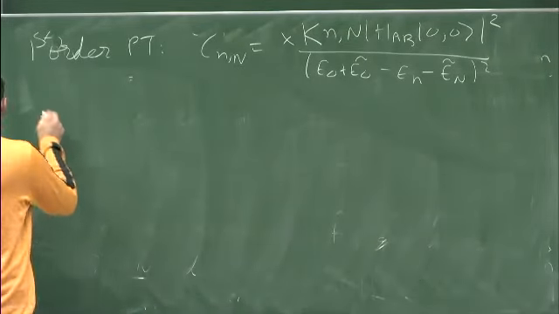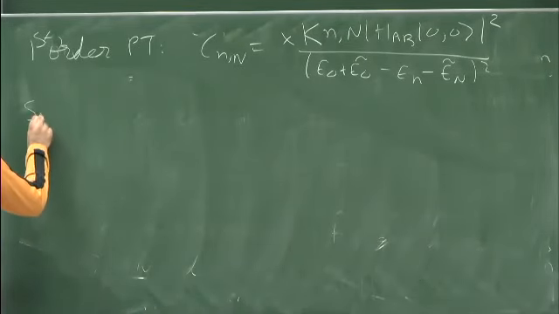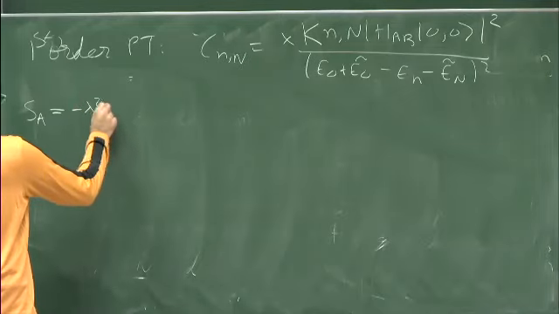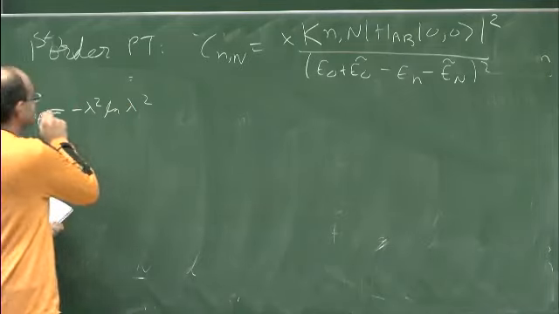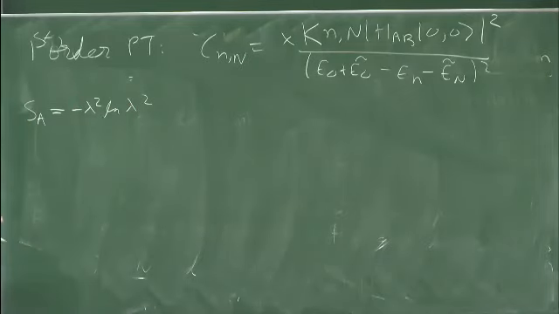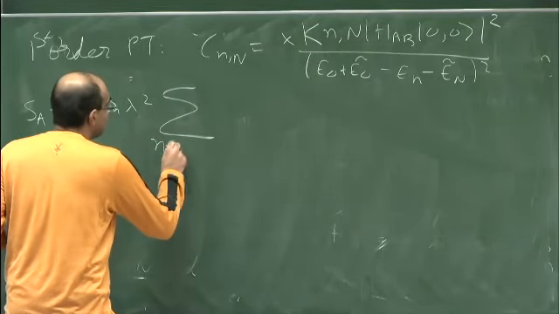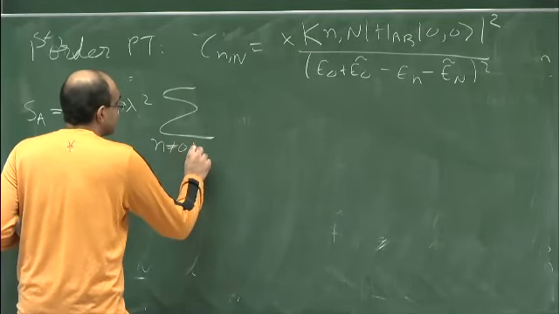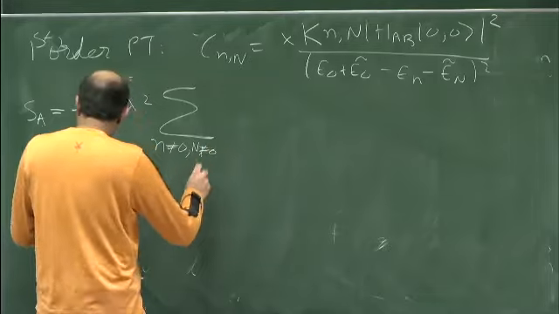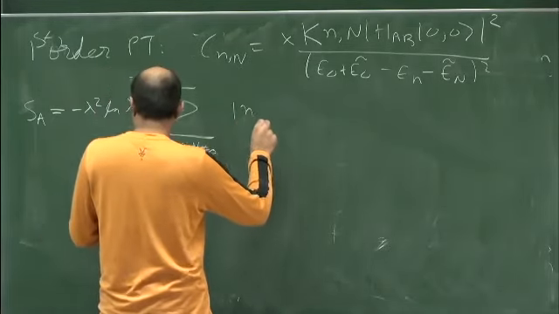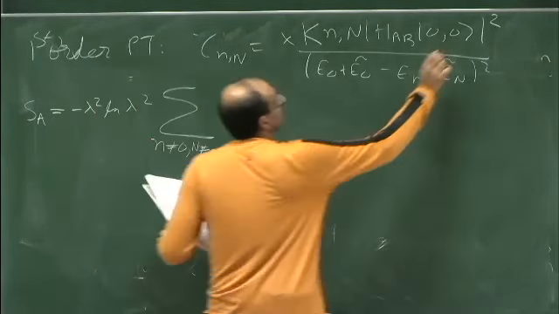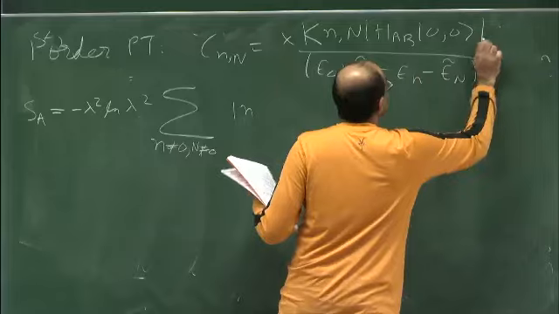So let's write down what you get. You get SA equals minus lambda squared log lambda squared. That's the entanglement entropy in this two degree of freedom system. Over the sum, and you have to do a sum over states where both systems A and B are excited of N. Sorry, this wasn't squared, and this wasn't squared.